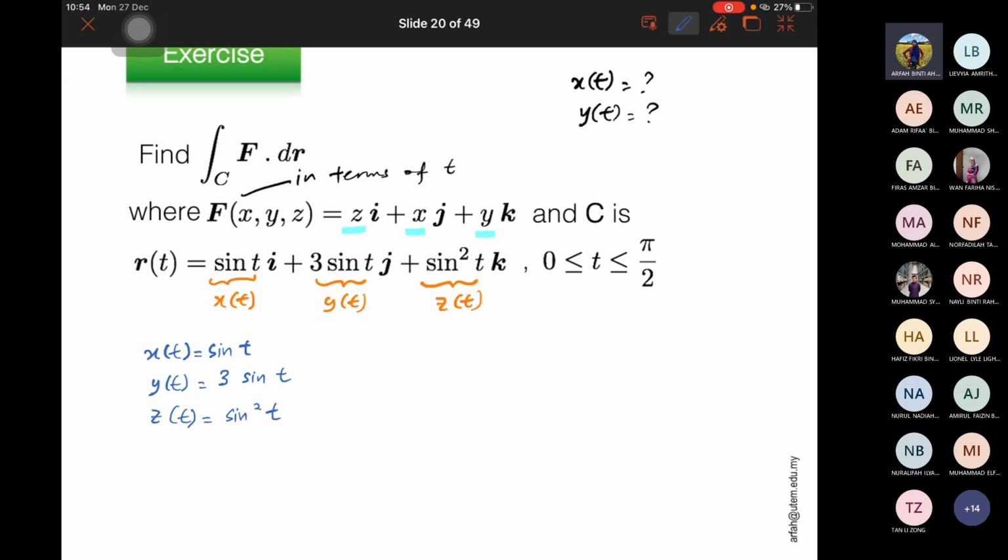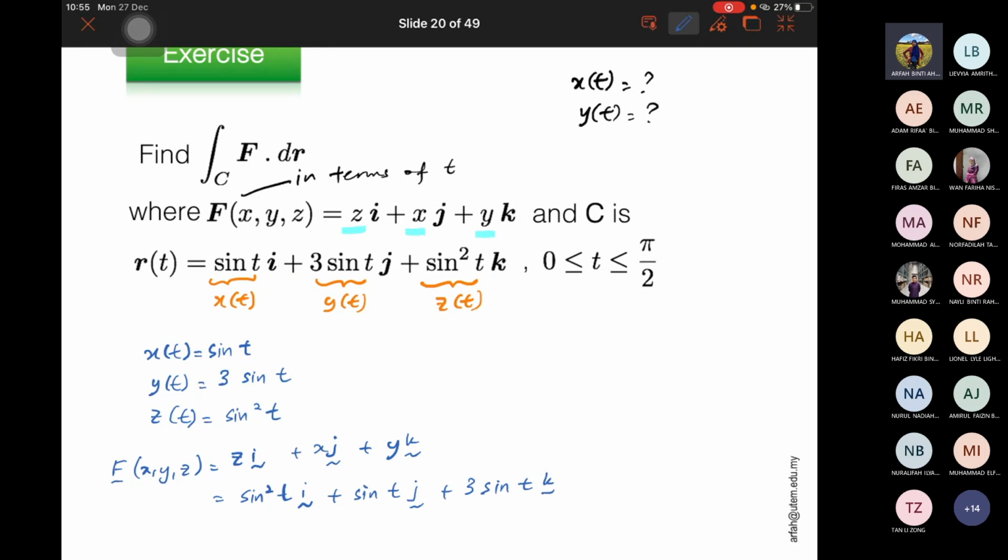Okay, so vector f of x, y, z sama dengan z i plus x j plus y k. So z akan sama dengan sin squared t i plus x is sin t j plus 3 sin t k. Okay.